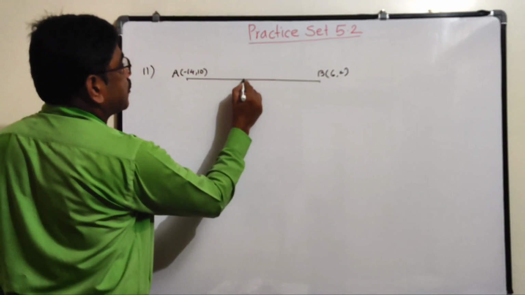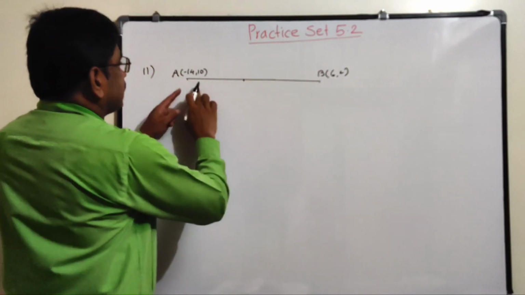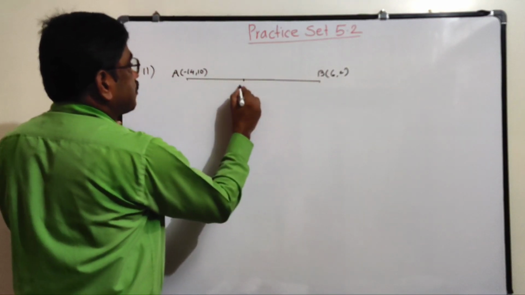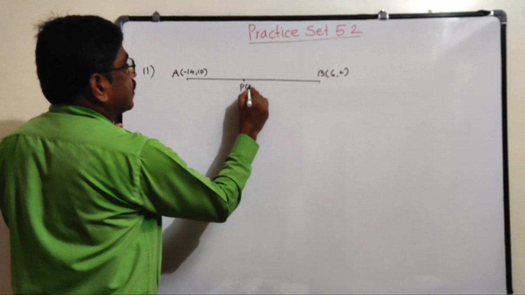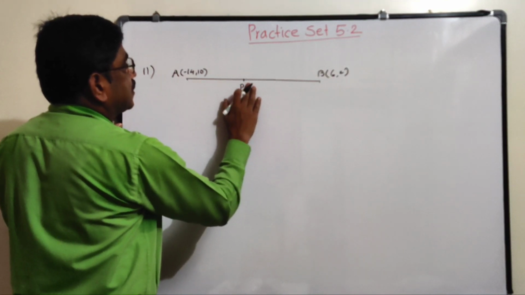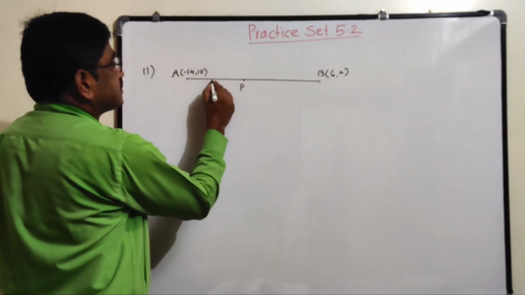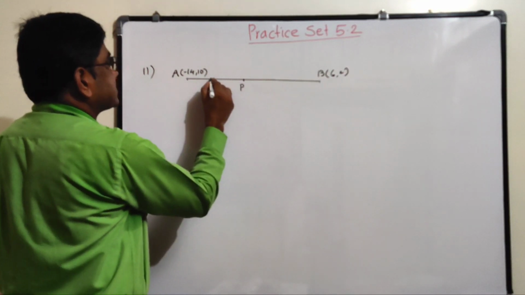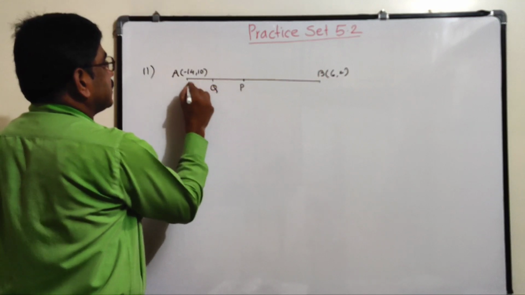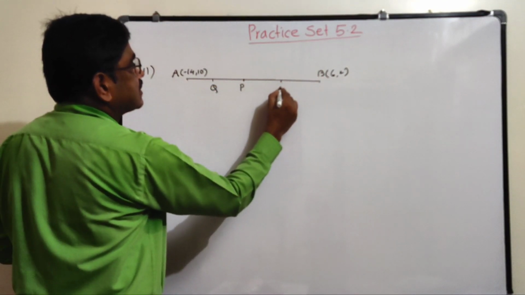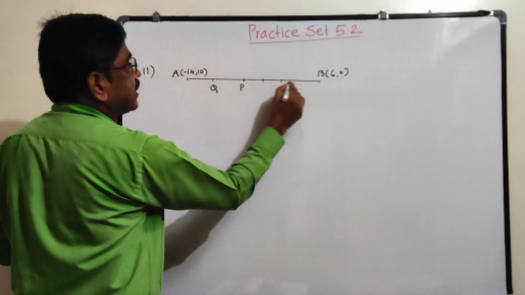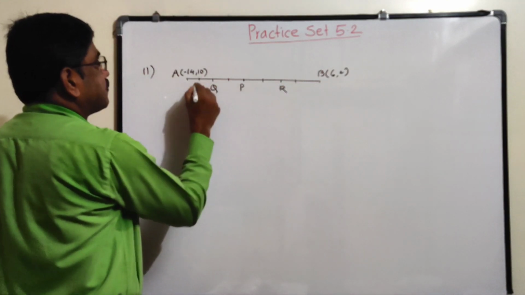First find the midpoint of the two. Suppose P is the midpoint. P divides this into 2 equal parts. Now Q divides AP into equal parts, and R divides PB into equal parts again. So we get 4 parts.